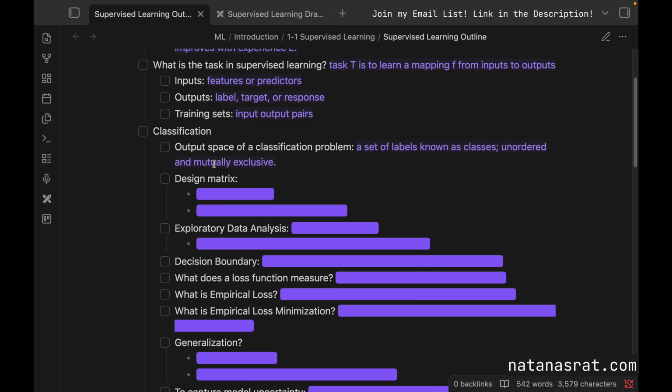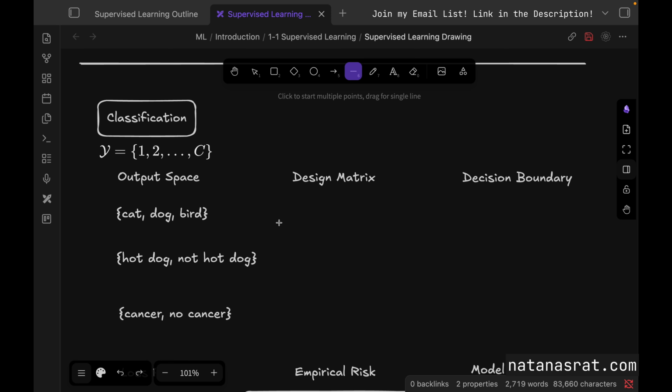So when representing our dataset, we can use design matrix for small datasets, which is rows for examples and columns for features. Let me draw some kind of table for you.